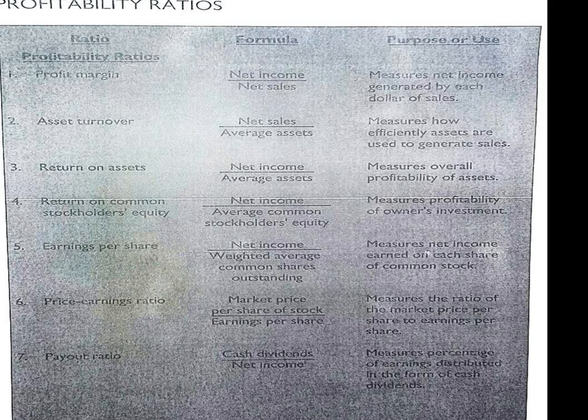The fourth one, return on common stockholders' equity. I explained this one in the last chapter when we did financial analysis for the income statement. This is net income over average common stockholders' equity.